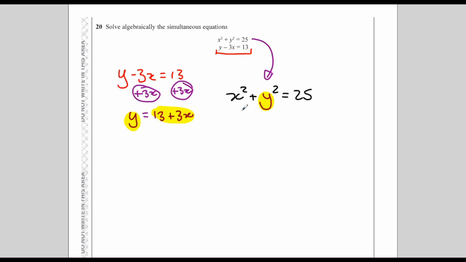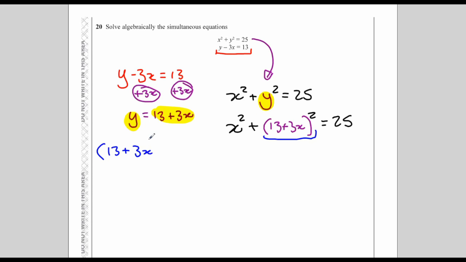I'll keep the colour scheme up so you can see. So x squared plus 13 plus 3x all squared equals 25. Now we've got a bracket squared again, so we need to write it times by itself. 13 plus 3x times 13 plus 3x.